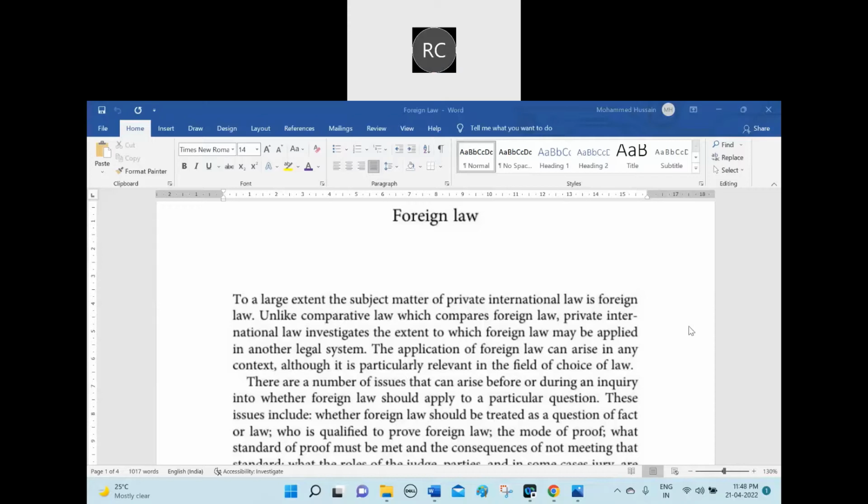The other country's law is the foreign law. Comparative law compares foreign law, while private international law deals with person to person but across boundaries, meaning two states should be involved. But foreign law is the law of another country.